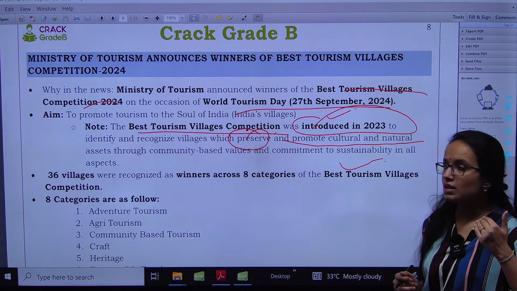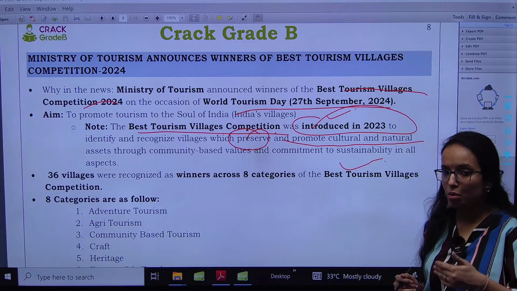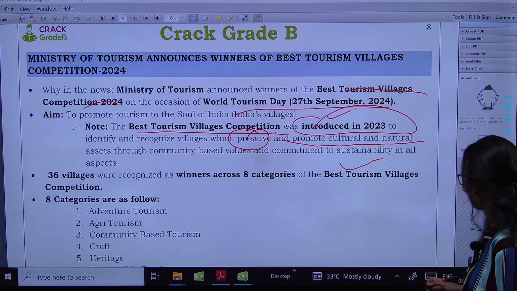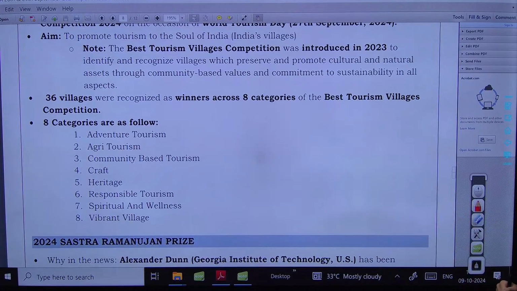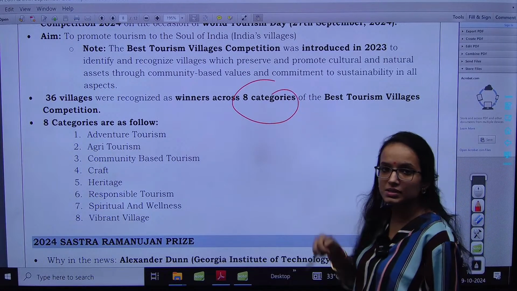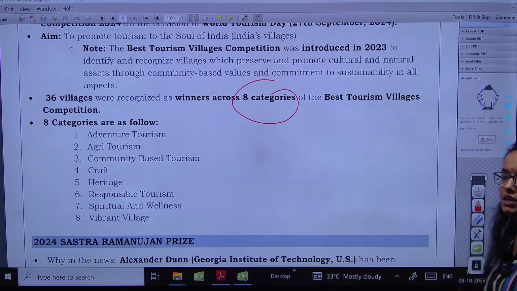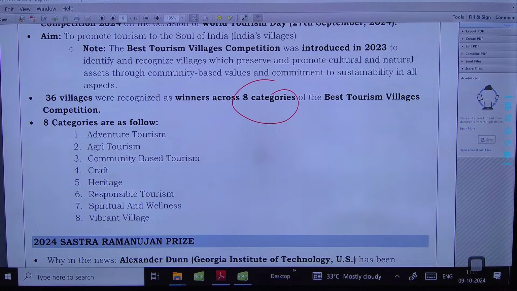On this basis, the best villages under the competition have been identified. So 36 villages were recognized as winners across 8 categories. 36 villages, remember. How many? 36. 36 villages under 8 categories for Best Tourism Village Competition.